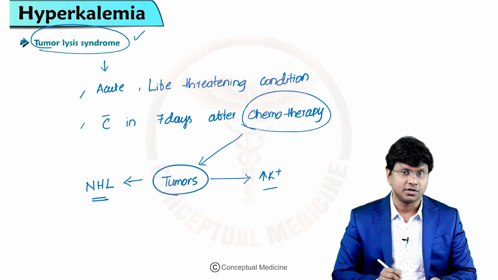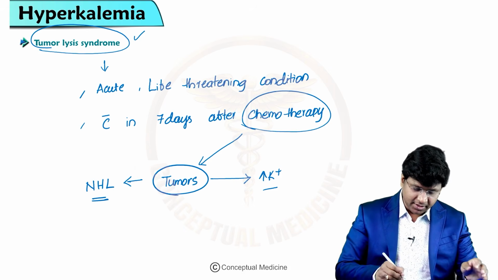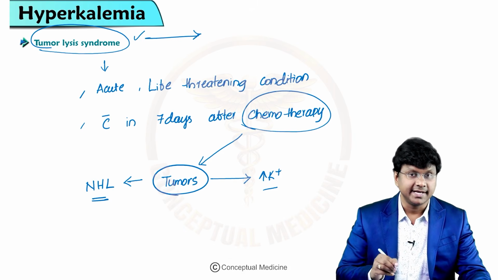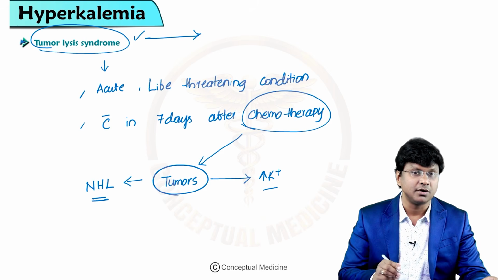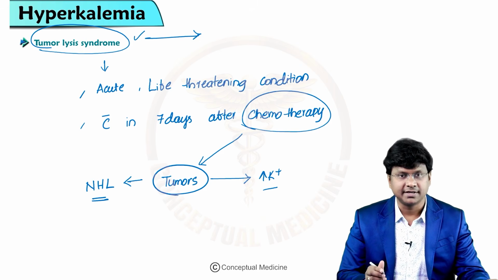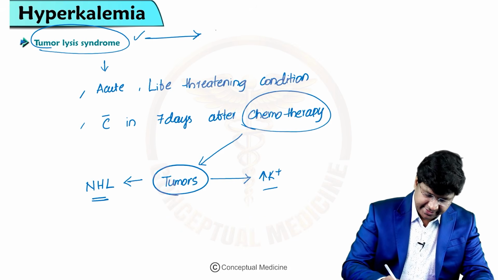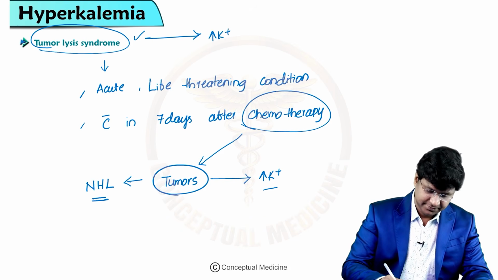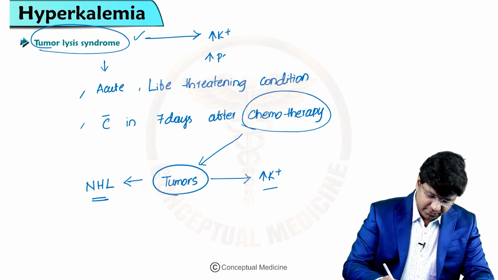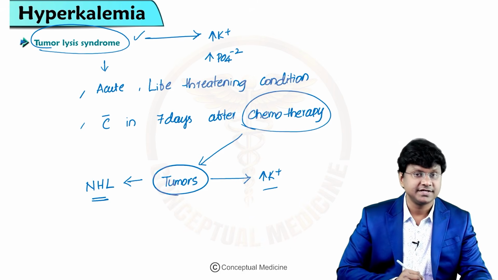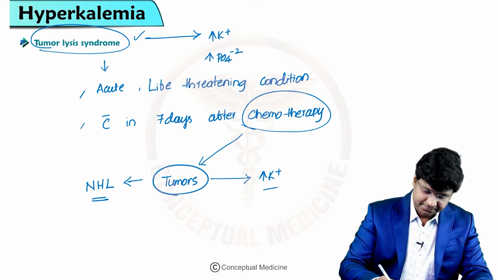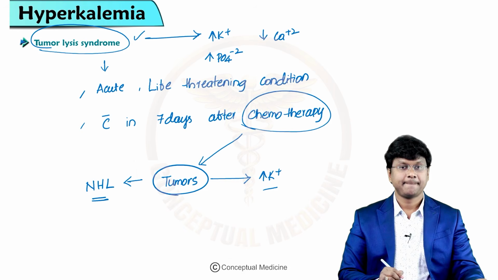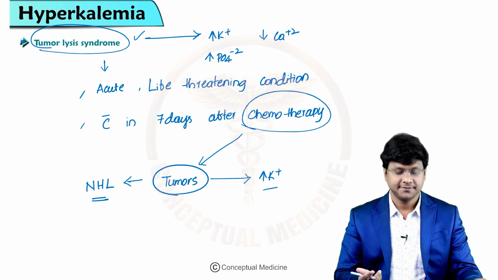In tumor lysis syndrome, the characteristic features include a combination of multiple electrolyte abnormalities. Potassium is released into the circulation, phosphate is released into the circulation, and there will also be hypocalcemia. Why is there hypocalcemia?